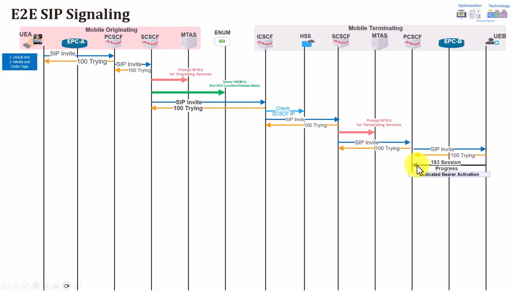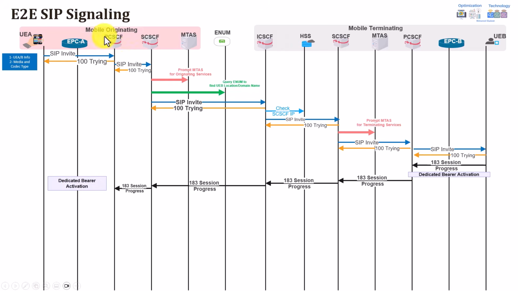It will hold the 183 Session Progress until the dedicated bearer is activated. Once the dedicated bearer is activated, the proxy will start forwarding the same message following the same sequence explained from the S-CSCF to the I-CSCF. Then again, it will go through the same process until it reaches the proxy for the mobile originating.